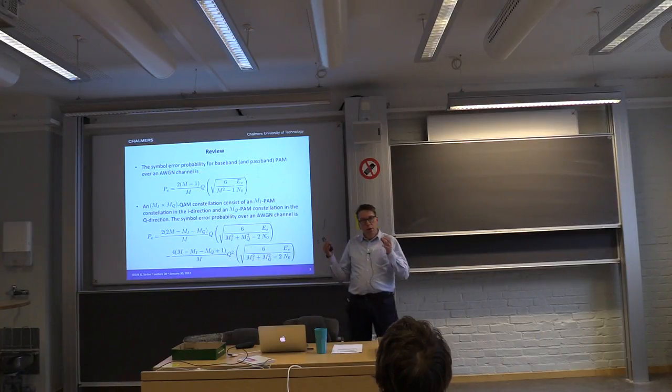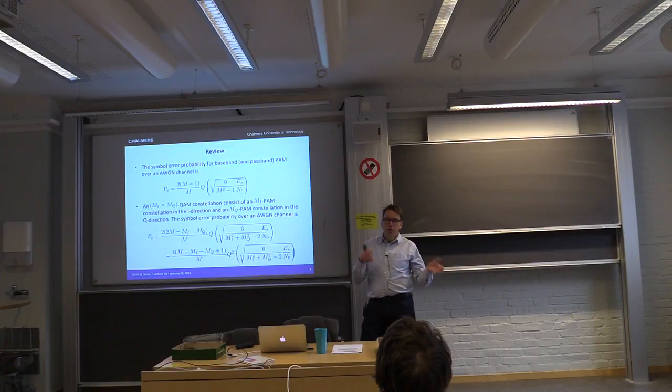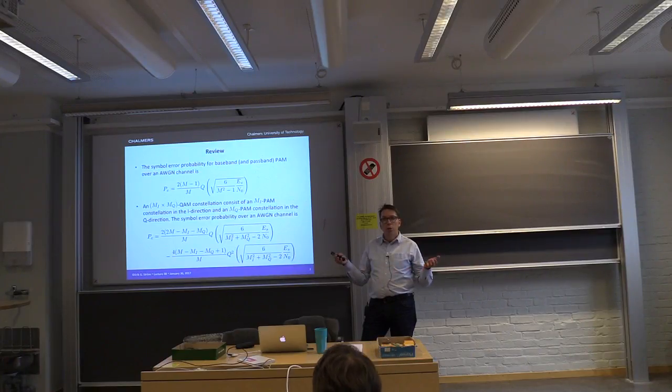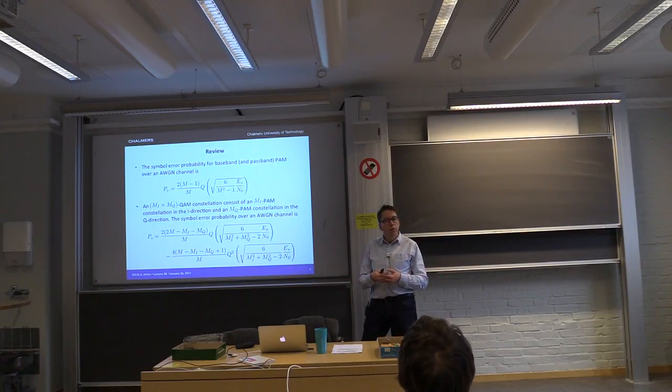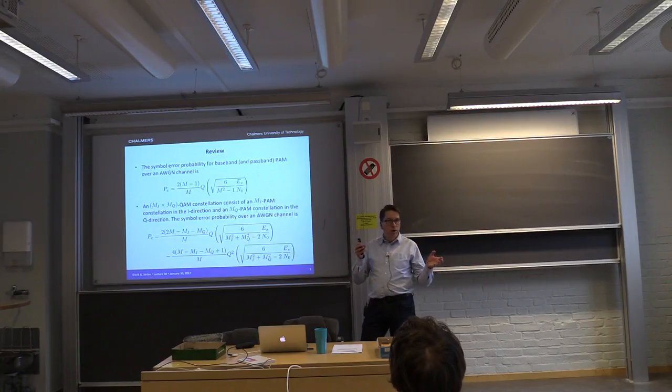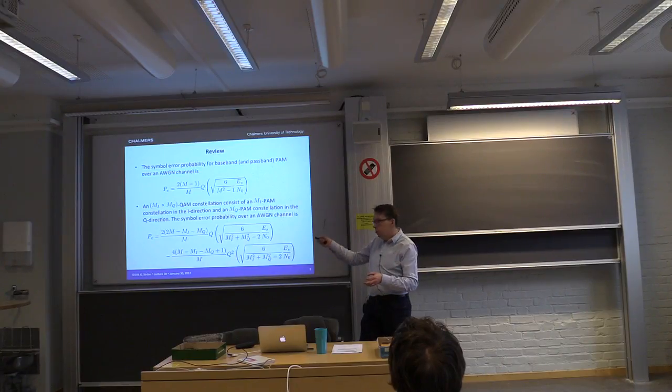That is, a symbol error occurs when the receiver thinks that another symbol, that is another amplitude, has been transmitted than the correct one. And this also translates to some of the bits being in error. So there is a relationship, even though it's rather complicated actually, between the symbol error probability, these types of expressions, and the bit error probability.